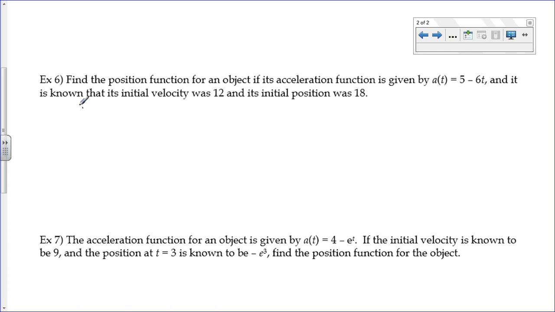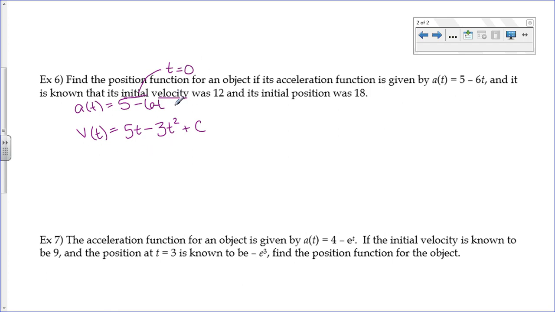So if I know acceleration, a of t, is 5 minus 6t, then I know that the velocity is the antiderivative of this. All right, so the antiderivative of 5 minus 6t is going to be 5t minus 3t squared plus c. Initial velocity is 12. The word initial in your vocabulary from now on needs to mean t equals 0.